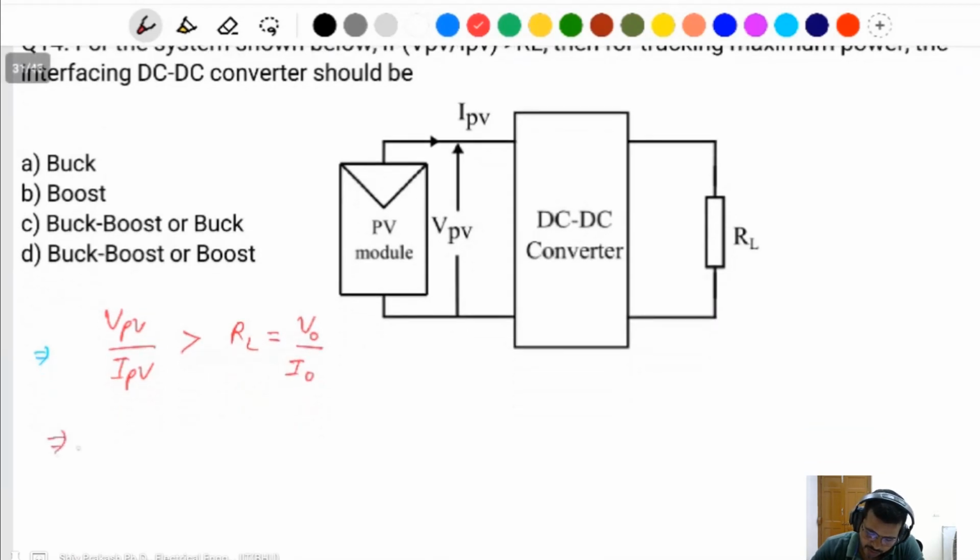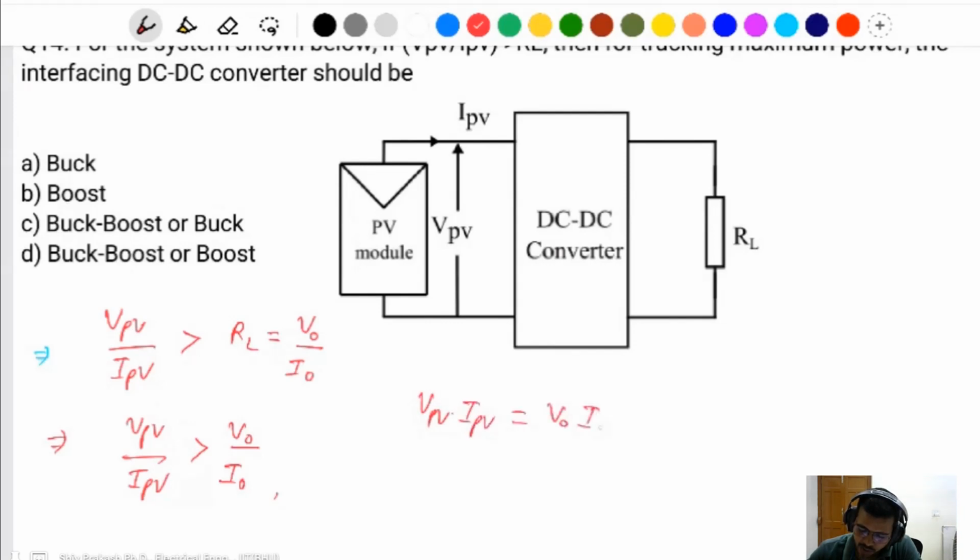It means VPV divided by IPV is greater than V output divided by I output. For the ideal condition, VPV times IPV is equal to V output times I output.